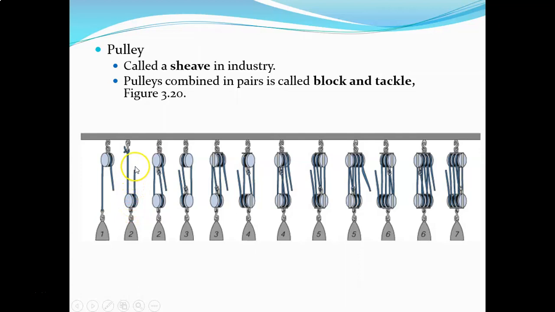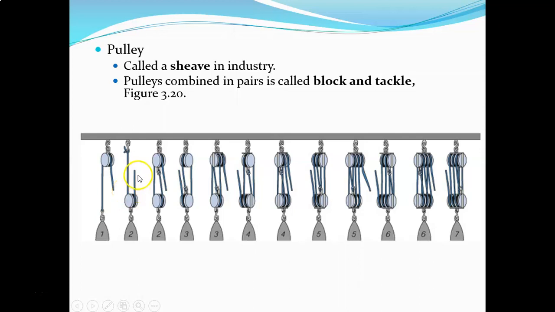As we pull up on the pull rope, we're actually pulling and holding part of that load, only half of it, because the rope on the left side is supporting half of the load from the ceiling. As we pull this up, we're only having to pull half the weight. So if it's a 100-pound load, we're pulling 50 pounds, and the ceiling is supporting 50 pounds. So that's how that works.